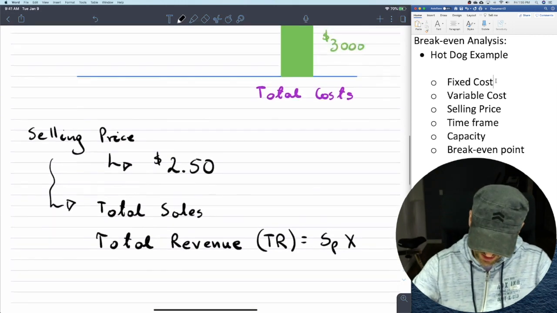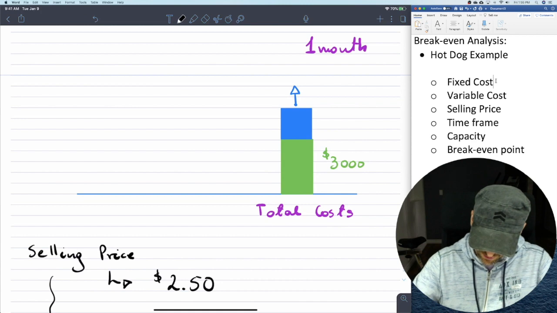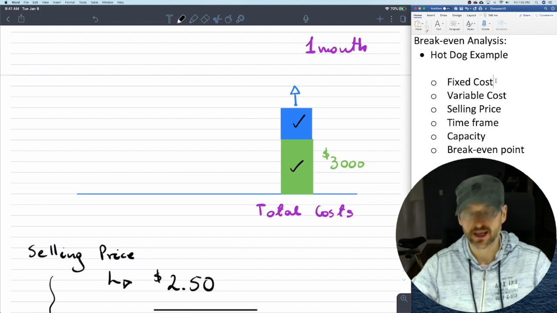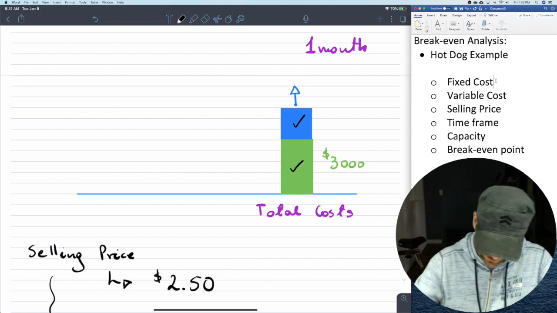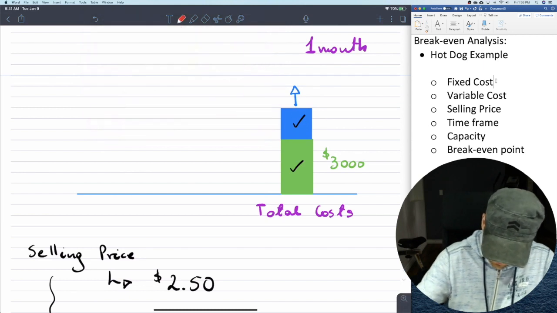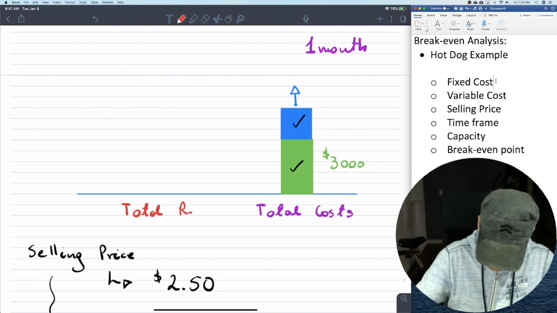Visually, again, our total variable costs are going up, and our fixed costs stay the same. And now, here on the left-hand side, I'm going to put my total revenue.